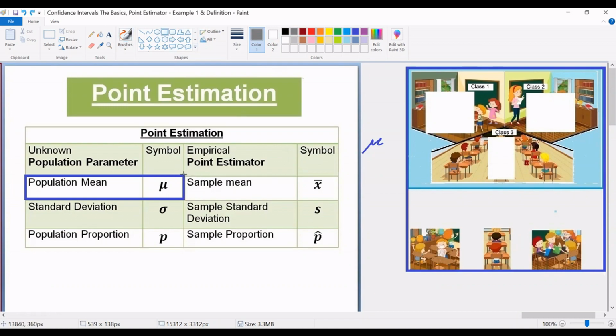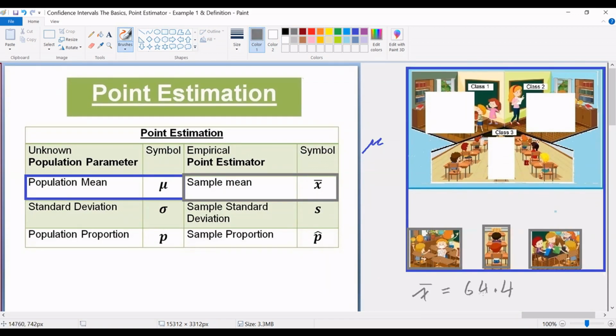What ended up happening is we took a sample out of our 3 classes, which was the 10 students, and this represented X bar, which gave us the value of 64.4, which is the point estimator.